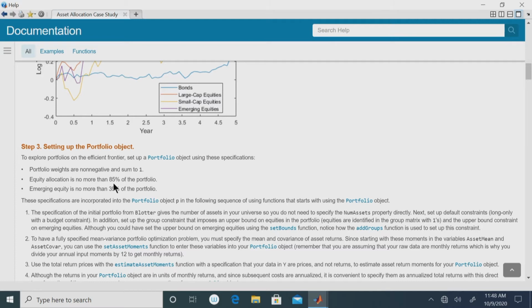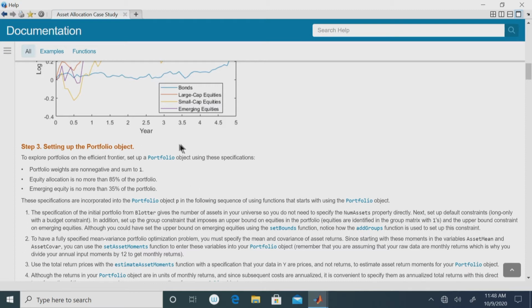Now we slowly need to start incorporating the constraints that are specific to me as an individual. The advantage of this approach is that you can set up your constraints as per your choice. Remember that this is just for illustrative purposes. As an individual you might not like the 85% constraint on equity, and you might prefer only 50%.